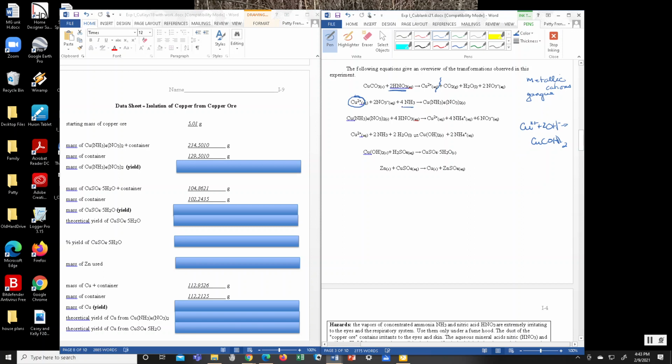Then quite a bit of additional ammonia was added to it, and that ammonia reacted only with the copper 2 hydroxide to give this tetramine complex, this copper tetramine complex, which we had in aqueous solution.